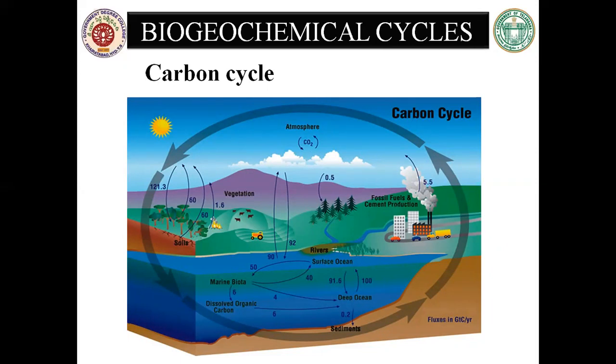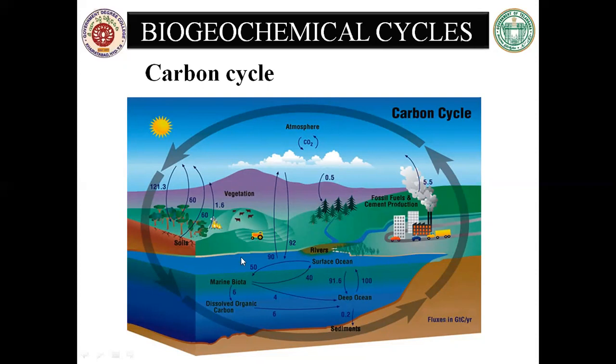The consumers or the carnivores feed on the herbivores which are eating these green plants, and the carbon compounds are digested and converted into other forms. Again, carbon is released to the atmosphere directly as carbon dioxide in respiration of both plants and animals.